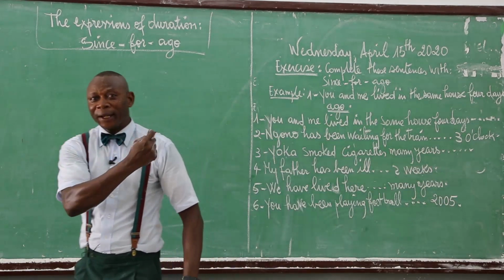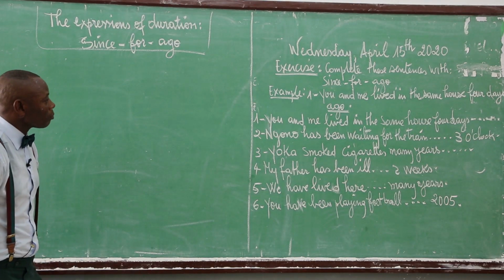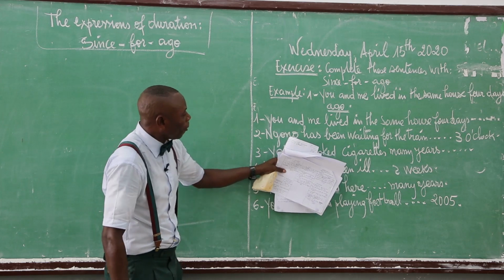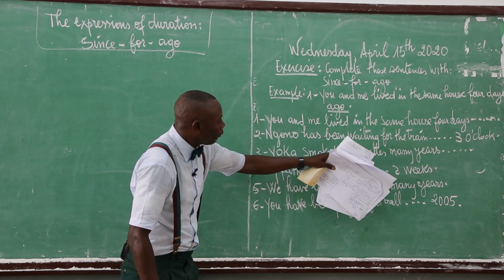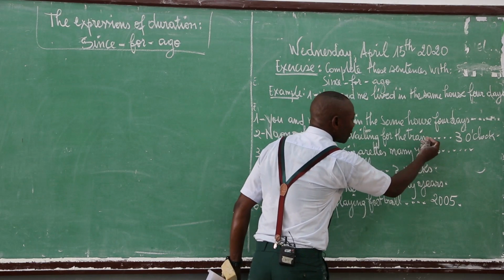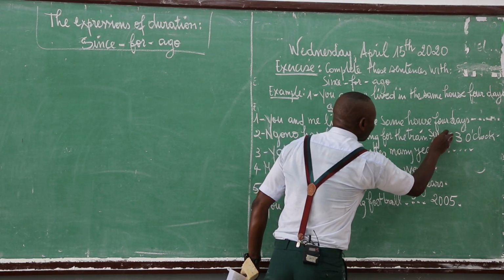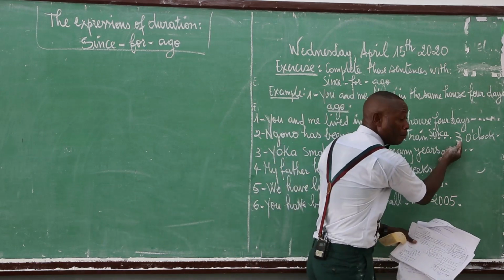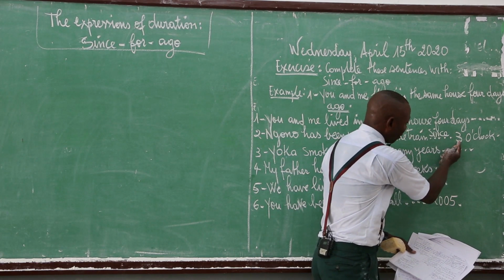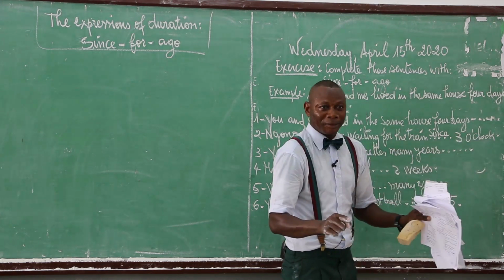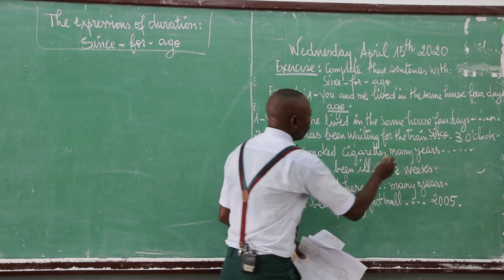What are you going to put there? We say, Gono has been waiting for the train since. Here we complete since. Why? Because we have a starting moment, the starting point, mentioned here. Since 3 o'clock. Good.